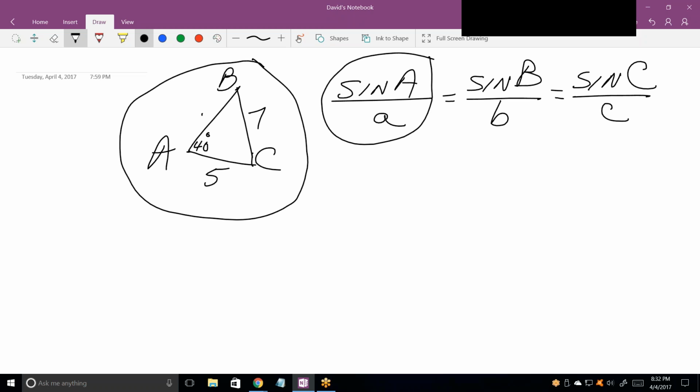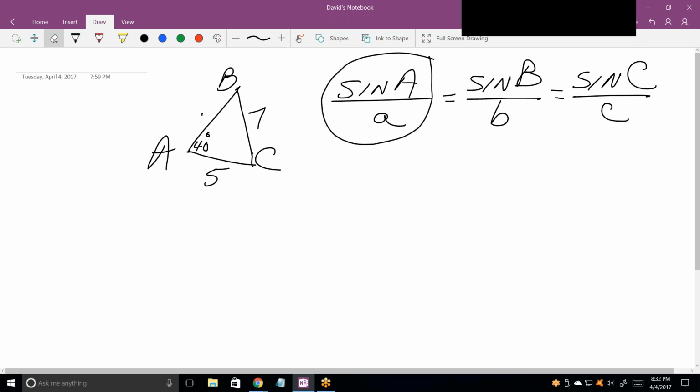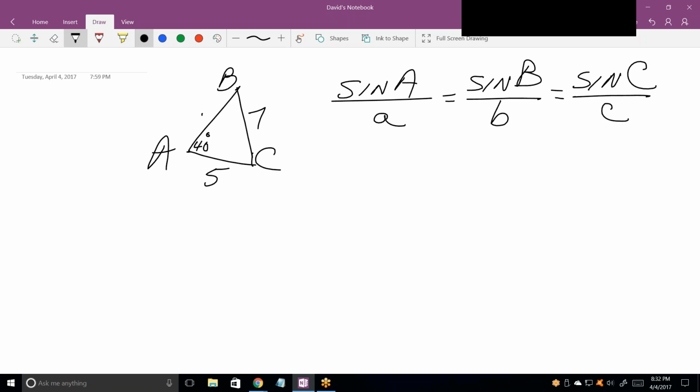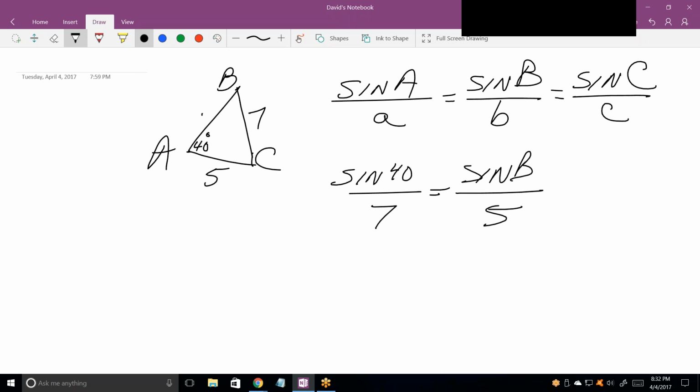So you only need 3 numbers. In fact, let's go through this. Let's solve this problem. All right. Tell me what I should write next. Well, sine of 40 over 7 equals sine B over 5. Okay, next step.